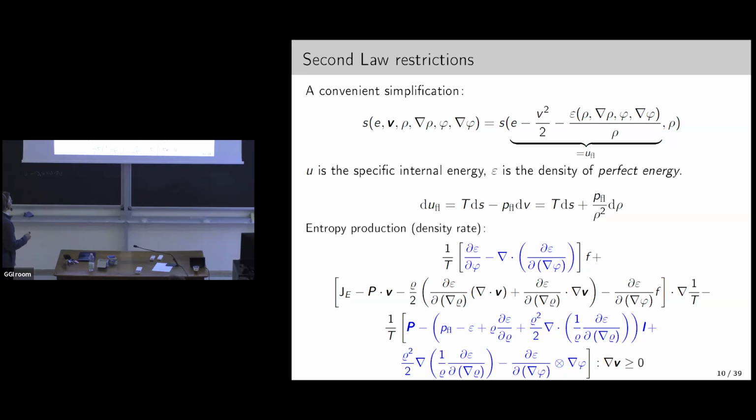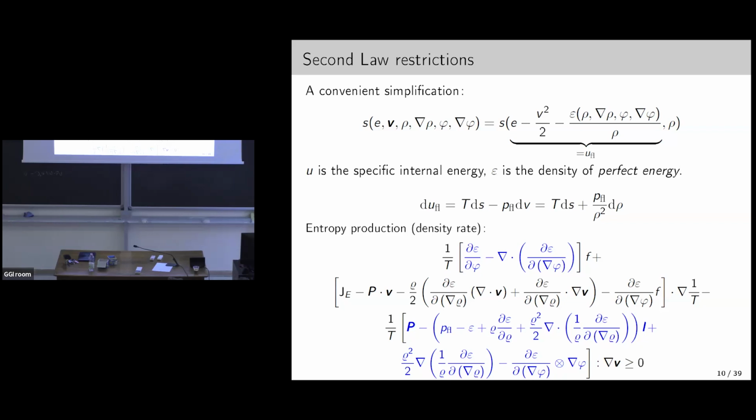Of course, you may use Gibbs relation and some kind of normal thermodynamic notation works. You need to pay attention that those are all specific, mass-specific quantities. That's why pressure and not the chemical potential is here. And what you got, this is the thermal part, proportional to the gradient of the reciprocal temperature.